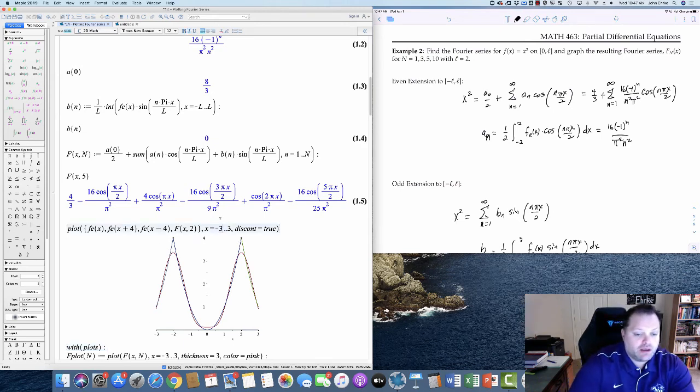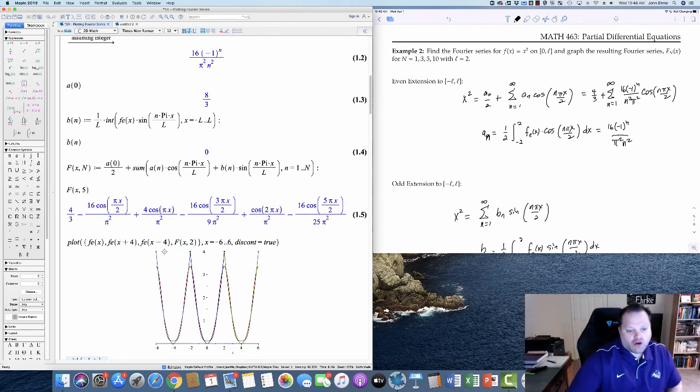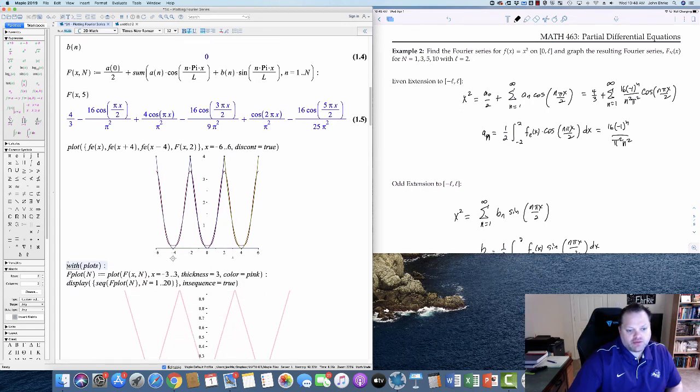Since it's length 4, times 3 would be 12. So I want to go all the way up to 12 on each side. No, that would be 24. I want to go up to 6 on each side. So there are 3 periods of the even extension, and it looks a lot like the previous one.